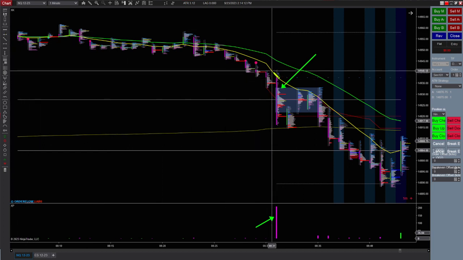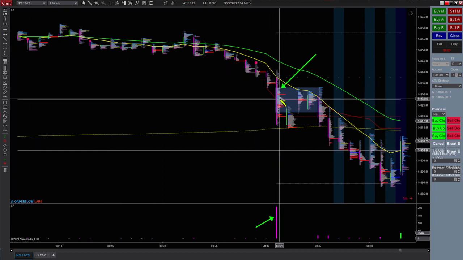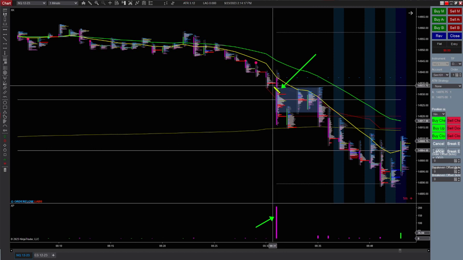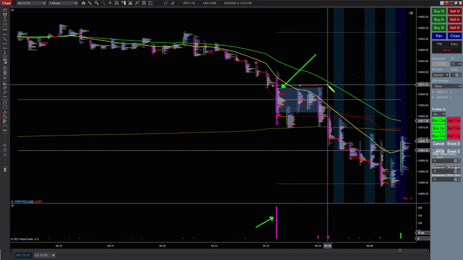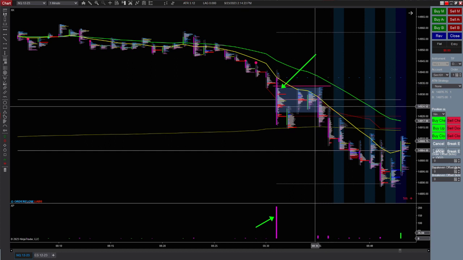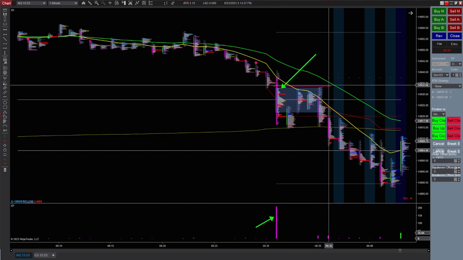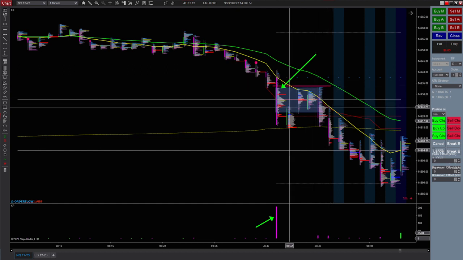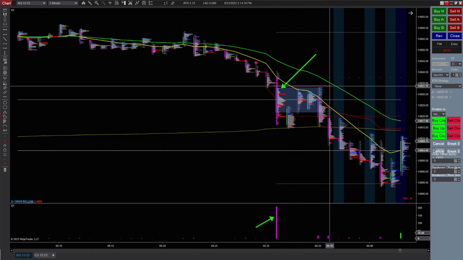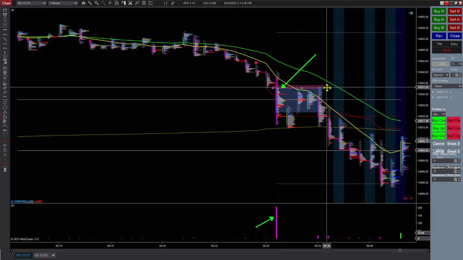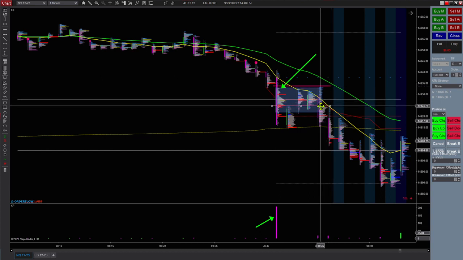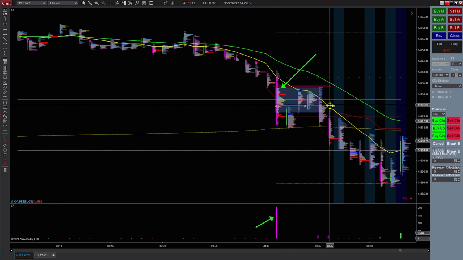A lot of the times I will build a position in. My stop will often be above these value area highs, about 933, give or take. My first target will typically be around the point of control, somewhere in here, even probably close to this area.